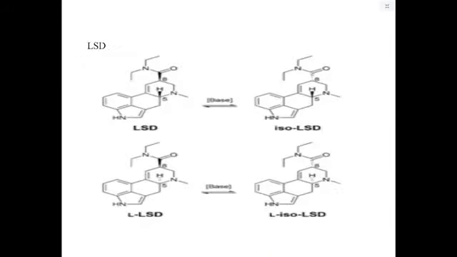When you look at its stereochemistry, this is the structure of LSD, whereby at position 5 you can see your amide. The ethyl amide has the beta orientation, and the hydrogen at position number 5 carries the beta orientation. That is our LSD, definitely the dextro R isomer.